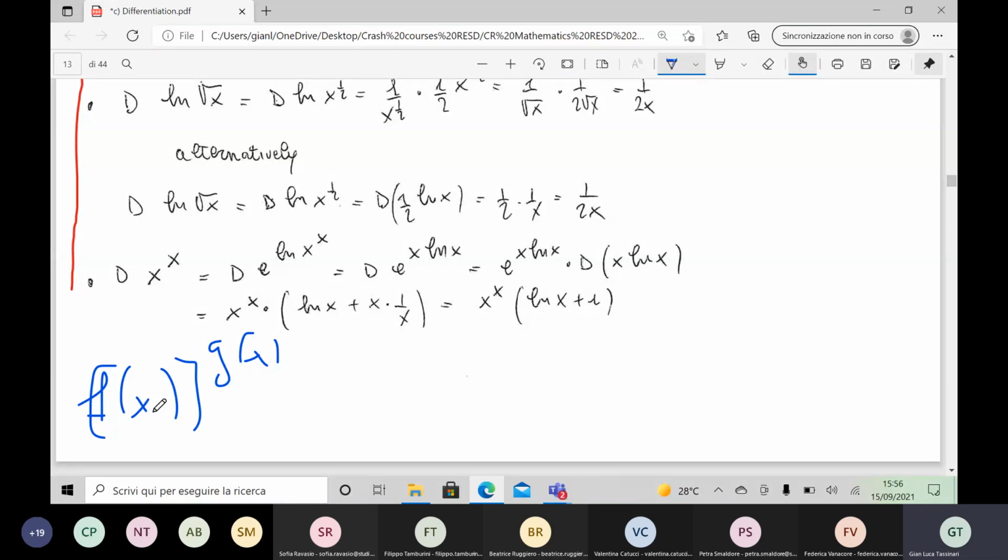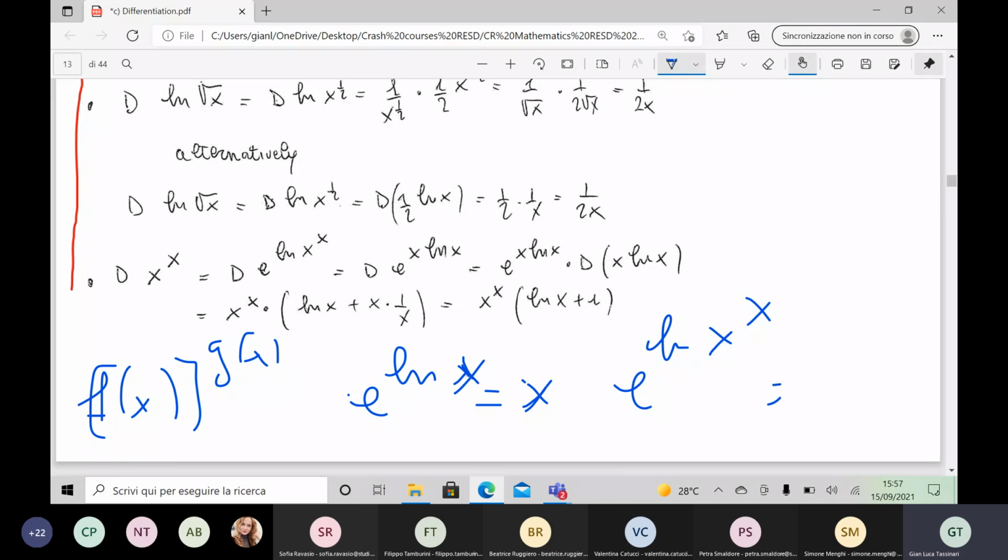Now I'm writing exactly the same thing I probably wrote before. Remember that e to the power ln of x is equal to x, for x positive. So if this is true, I copy this function and write e to the power ln of x to the power x.